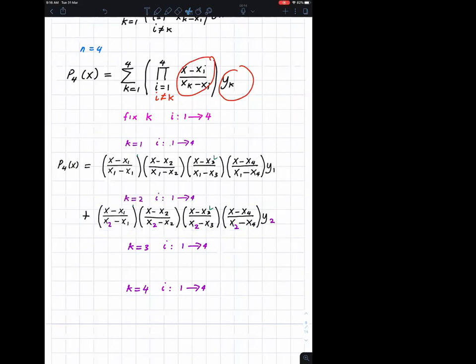Do you see? Every time you change the k, the i still sweeps from 1 to 4.